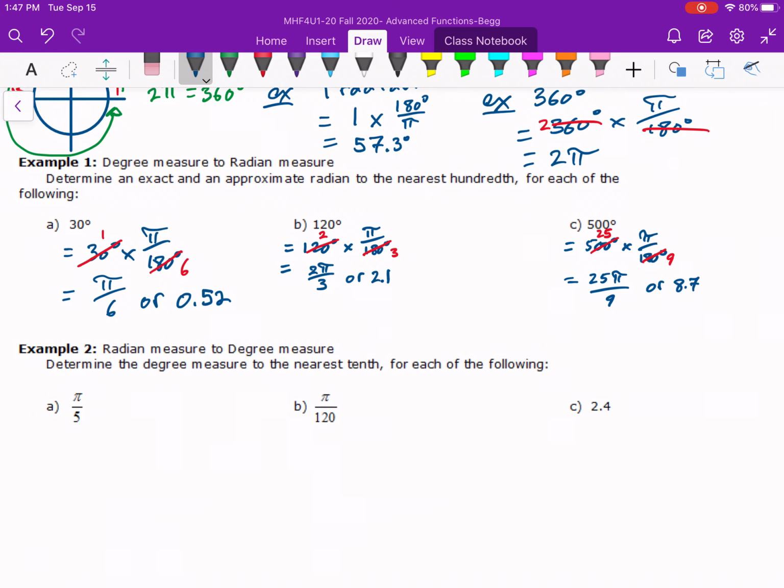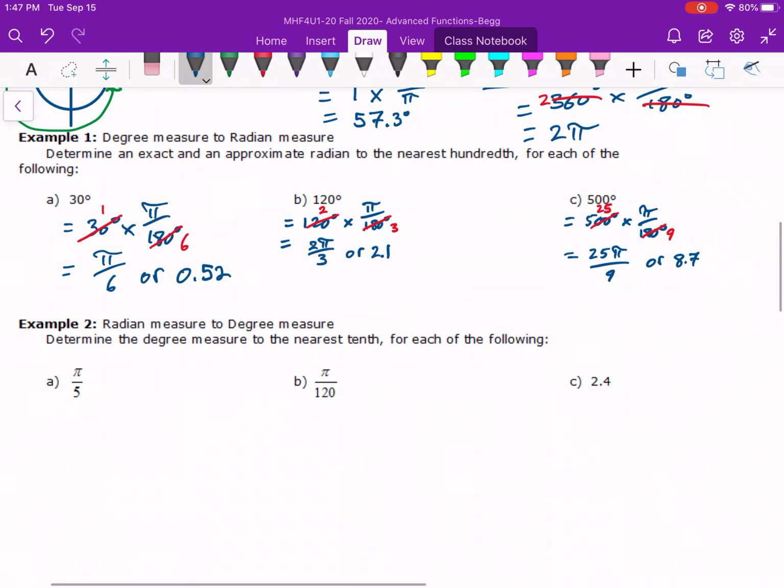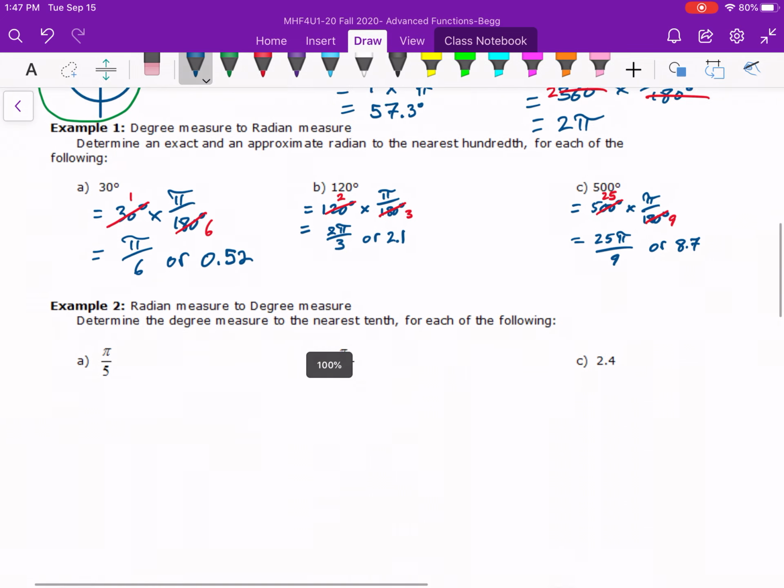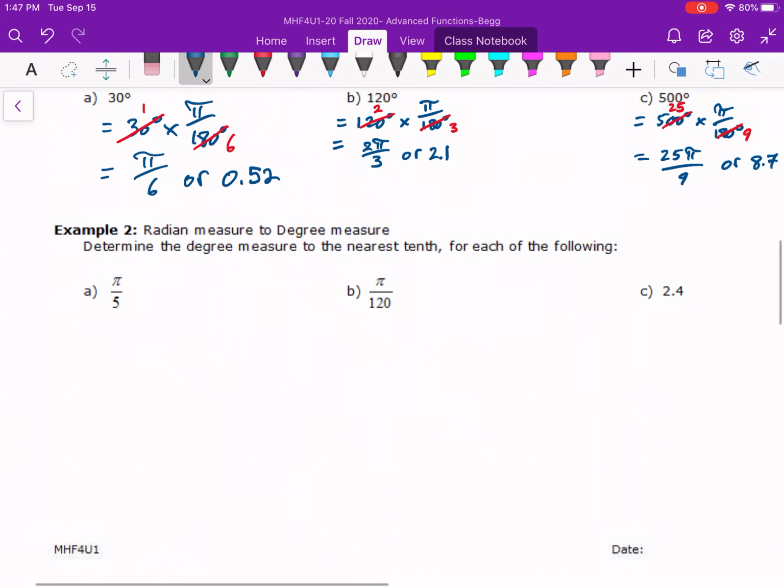So that's going one way. Going the other way, remember, I'm just going to flip the fraction upside down and multiply. So pi over 5, again, that's a specific amount of radians. If I were to take pi and divide that by 5, then that's about 0.63 radians, but we'll leave it as a fraction.